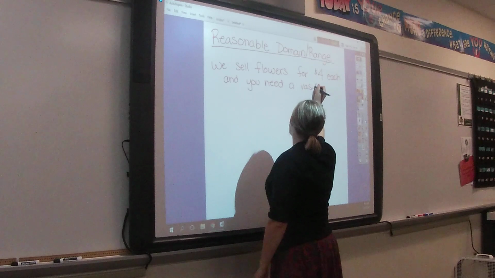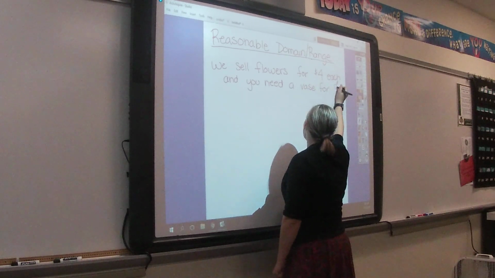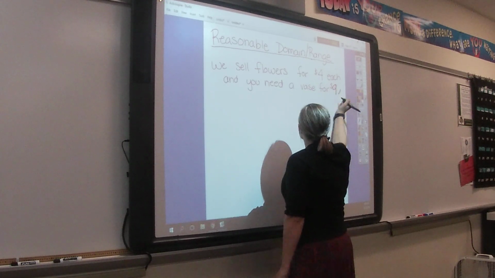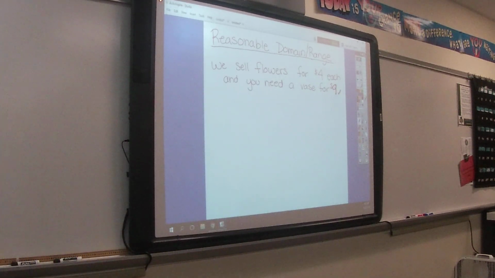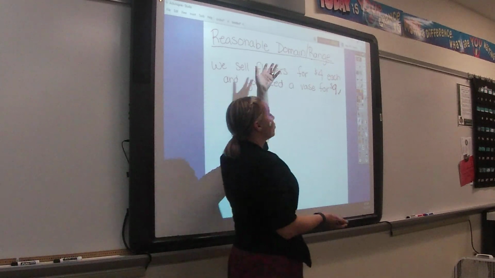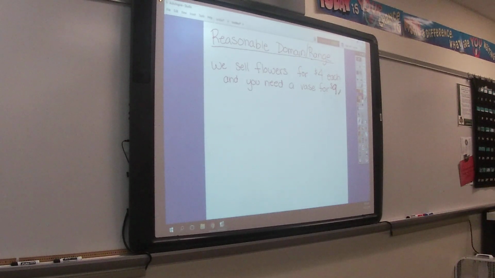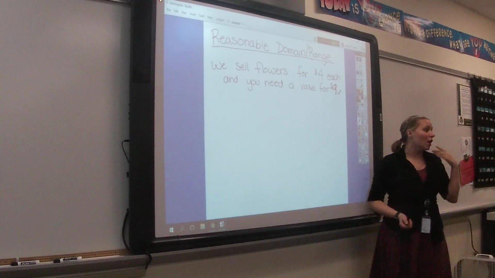And you're going to need a vase for $9. We have learned enough that we said we could then write this as a function rule. We talked about taking story problems and turning them into function rules. So we're selling flowers for $4 each, and when you buy those flowers, you're going to need a vase to put them in that costs $9.